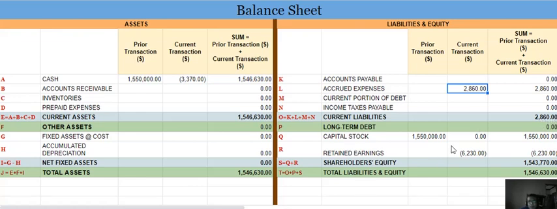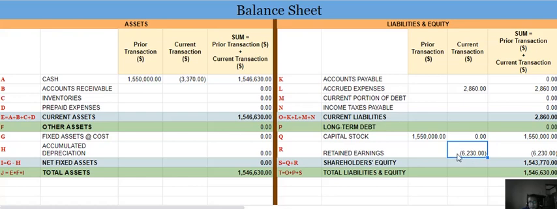Now, if I go to the retained earning, you can see I have included this $6,230 in retained earning. There is no retained earning right now. This is negative retained earning because Apple Seed Enterprise is going to pay me the salary, and to pay me $5,000 salary per month, it costs $6,230 to Apple Seed Enterprise, and this much money is going to decrease the retained earning in the balance sheet.